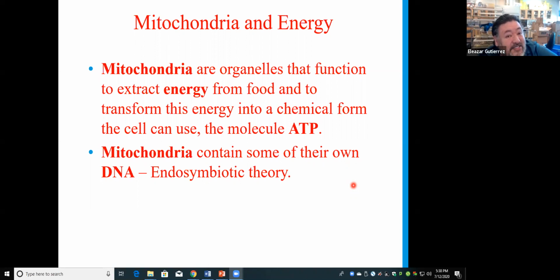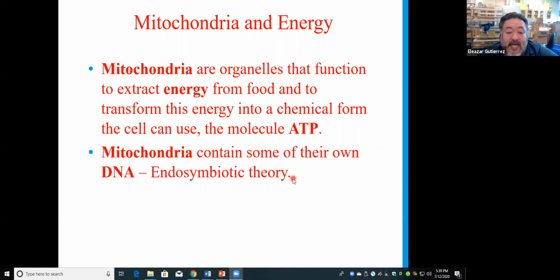But the fact that it has its own DNA implies that at one time it did. So this concept of endosymbiotic theory is incredible because it reinforces that evolution is a true concept. I mean, if you don't find that mind blowing, I don't know what you will find mind blowing.